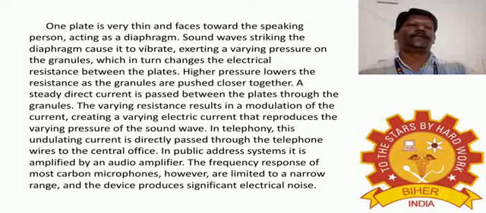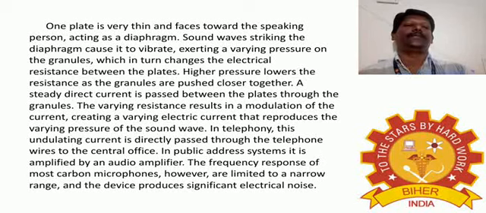Sound waves striking the diaphragm cause it to vibrate, exerting a varying pressure on the granules, which in turn changes the electrical resistance between the plates. Higher pressure lowers the resistance as the granules are pushed closer together.